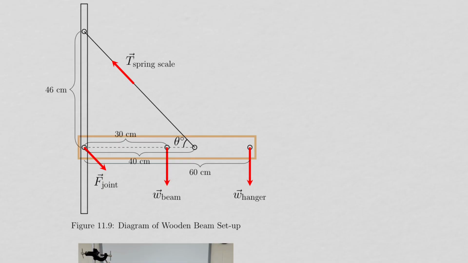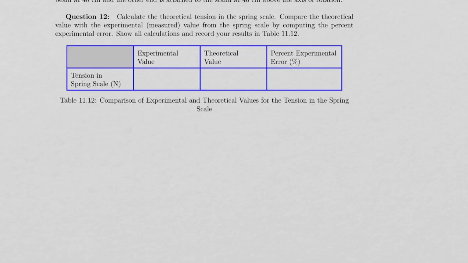The whole idea here is to calculate theoretically what that tension in the spring scale is. Okay, I give you all the data for the mass of the beam, the mass of the hanger, all these lengths here, right? So that's all given in the problem. The way to think about this, though, let me go back a page for a second. So you want to figure out what the theoretical value is.